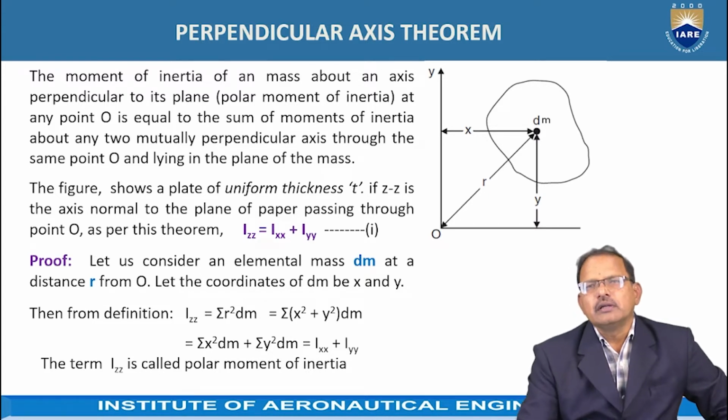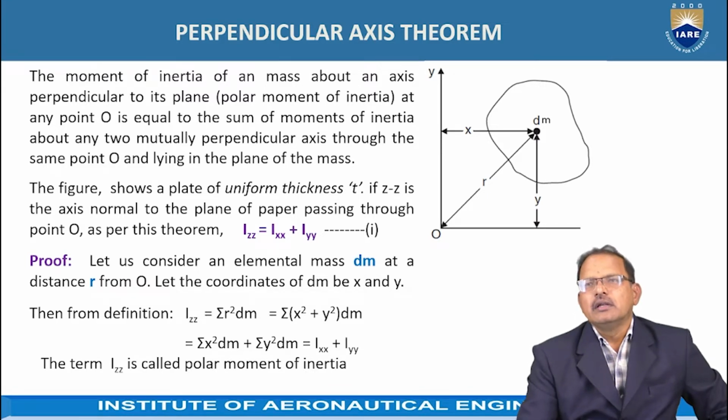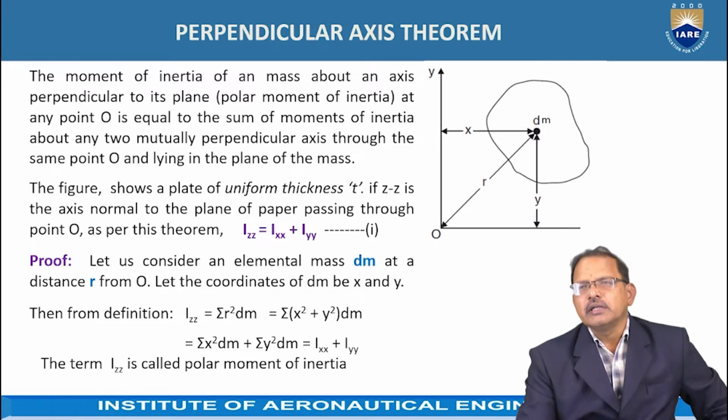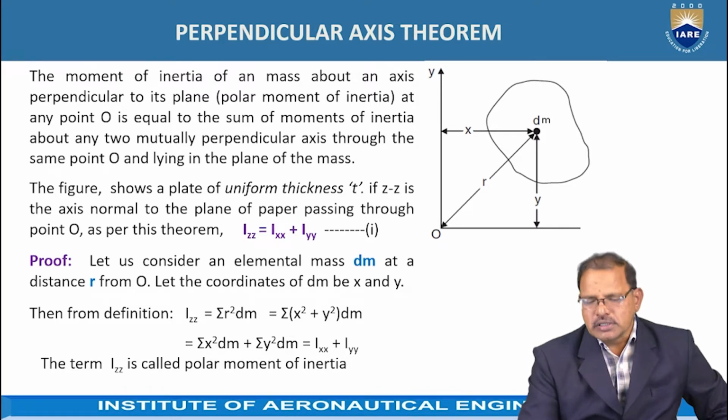Now proving it, let us consider an elementary mass dm which is kept in a plane at a distance of r from the reference line, as shown in the figure. Let x, y represent the coordinates of the centroid of the mass with respect to the x-axis and the y-axis.